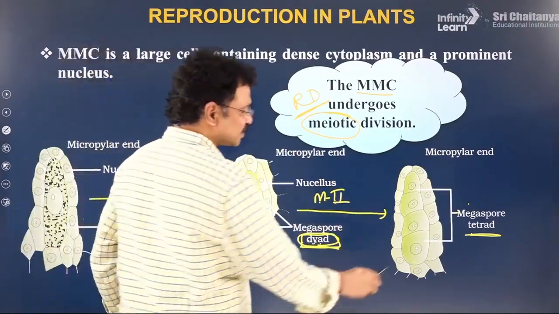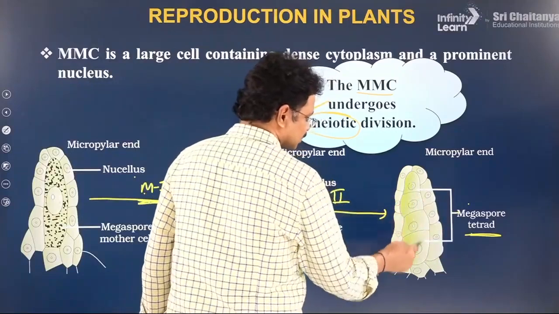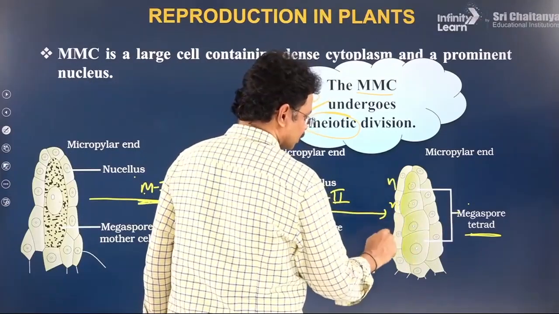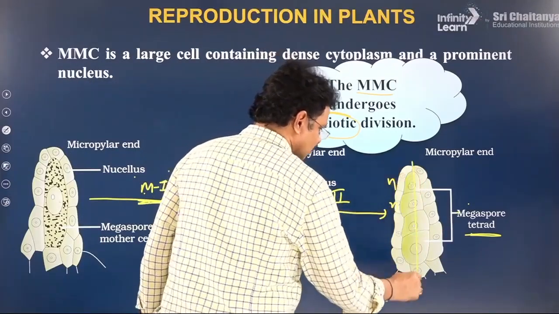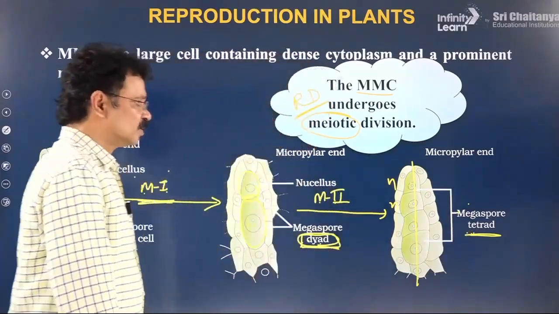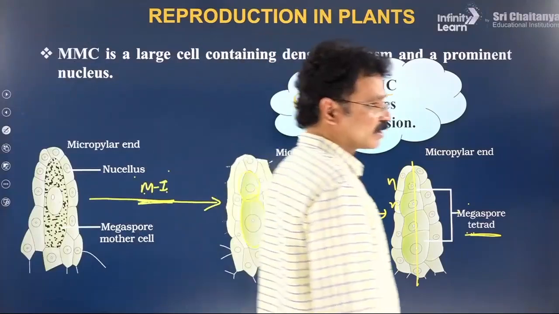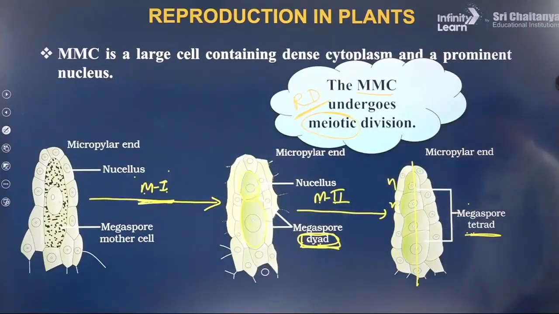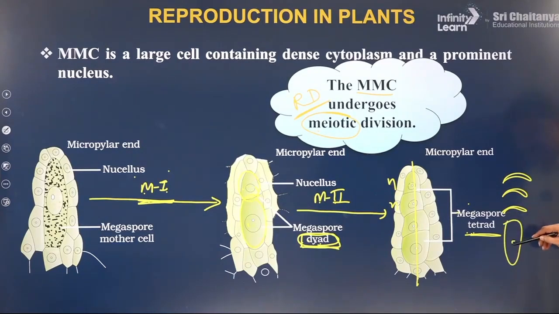How many cells are present in a tetrad? 4 cells, and every one is haploid. All are present in a linear row, hence it is also called a megaspore linear tetrad. But finally, out of these 4 cells, 3 megaspores degenerate, and only one is functional.